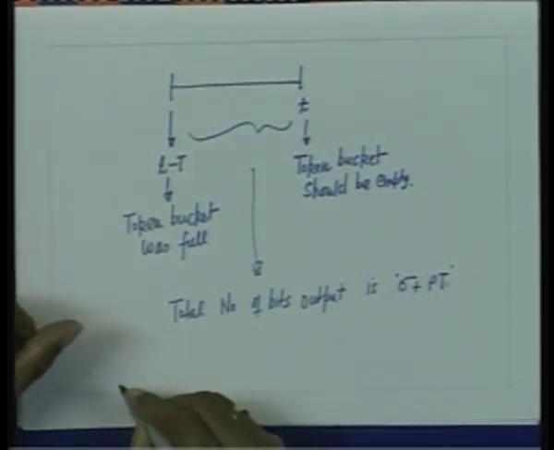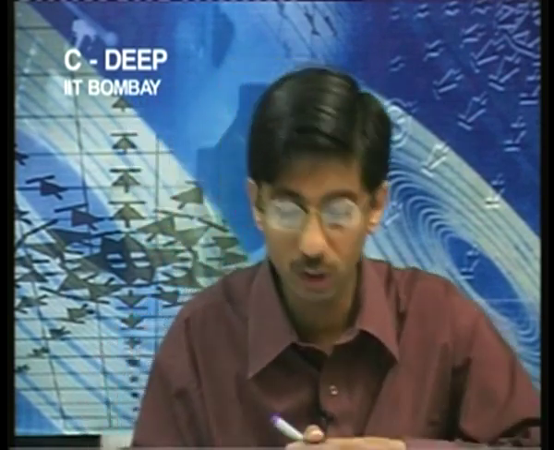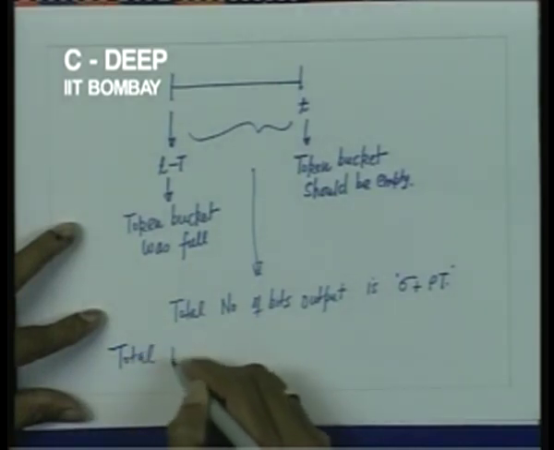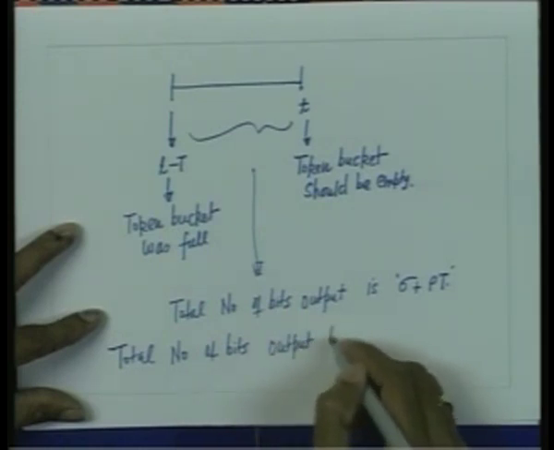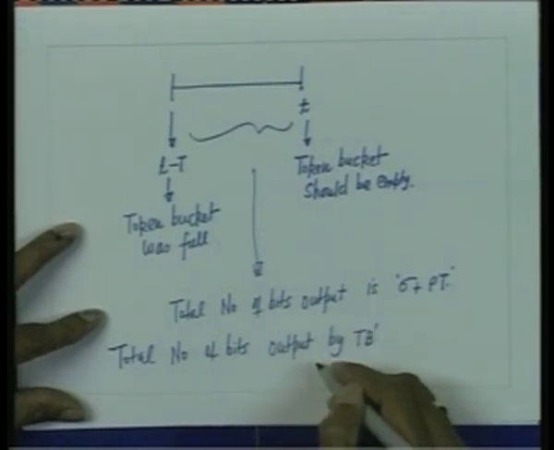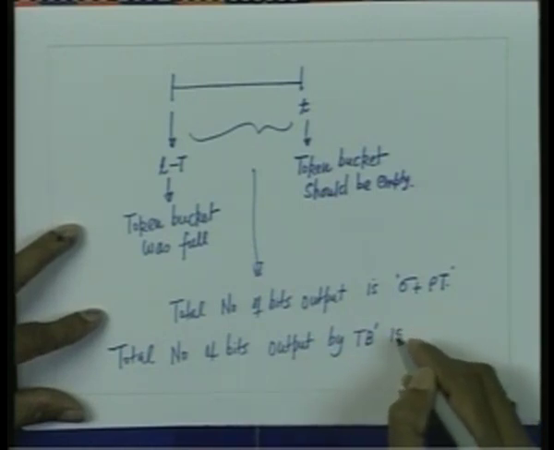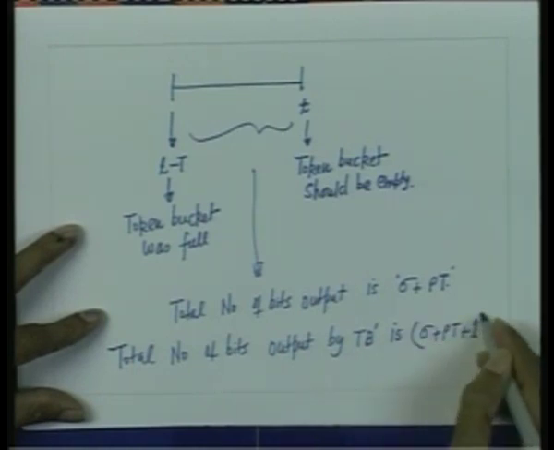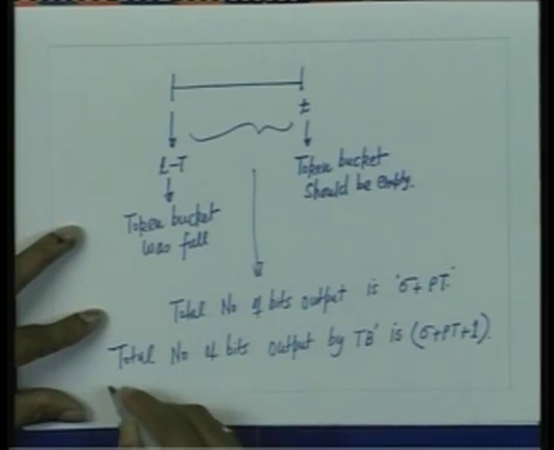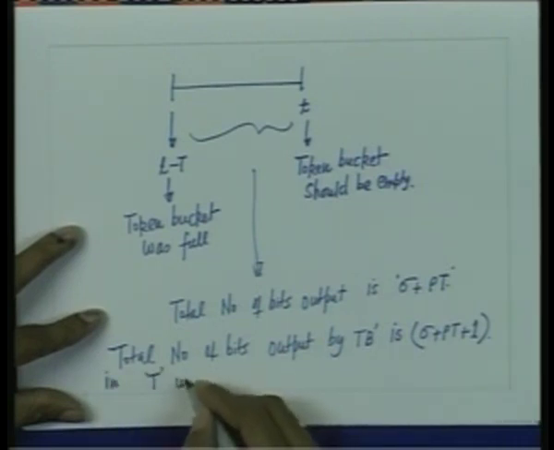Now the total number of bits that would be output by the other FIFO controller TB prime will be sigma plus rho T, the same, plus one more bit, because that is the bit that is going at time t. So it is sigma plus rho T plus 1 in T units of time.